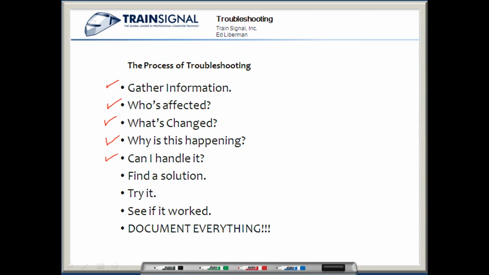And the reason I say that your true quality support person is somebody who recognizes that maybe they can't handle the problem. Maybe the problem is with a router that's in a different office. And although they might be able to remotely troubleshoot that router, they might be able to remotely manage that router, it would be a lot quicker and a lot more efficient to contact somebody in that other office.